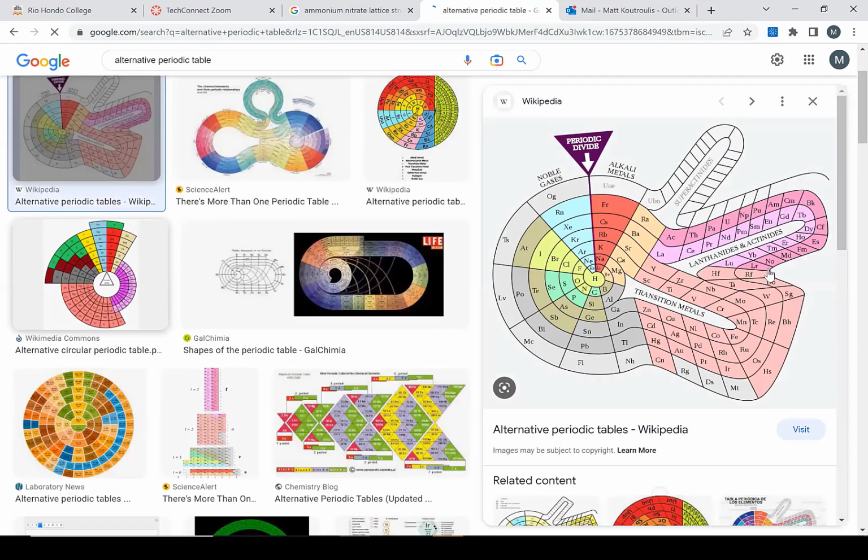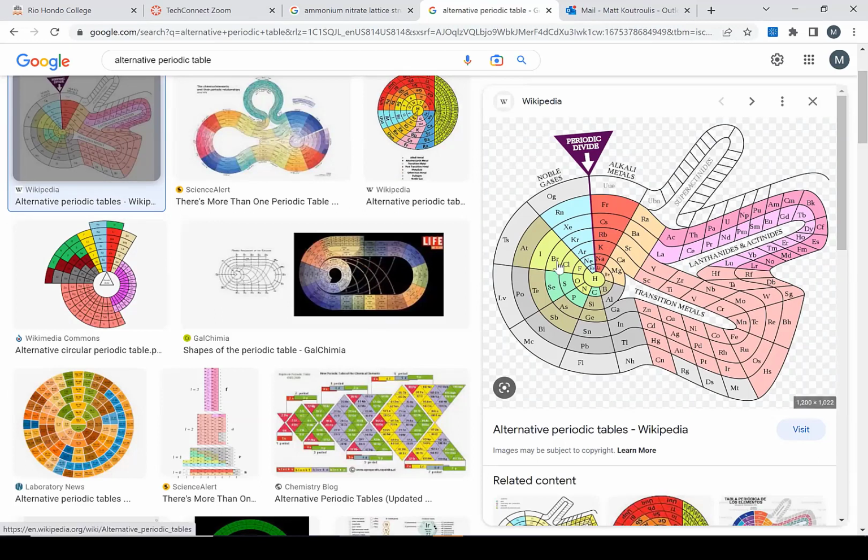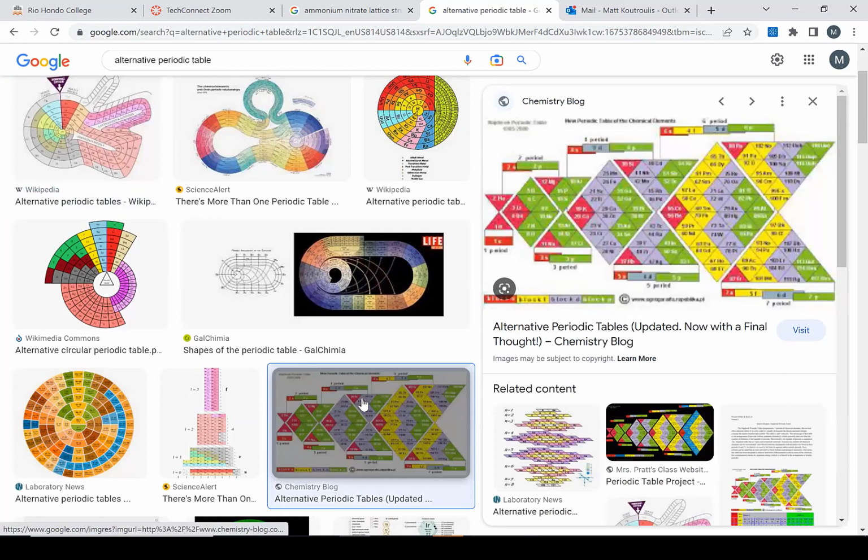Although one of my students' response to this was, this just makes my head hurt. Okay. And I can get that. But they think this is a better way of representing the periodic table, or it's better at looking at certain properties. They like this. Some people like this one, okay, or this one.